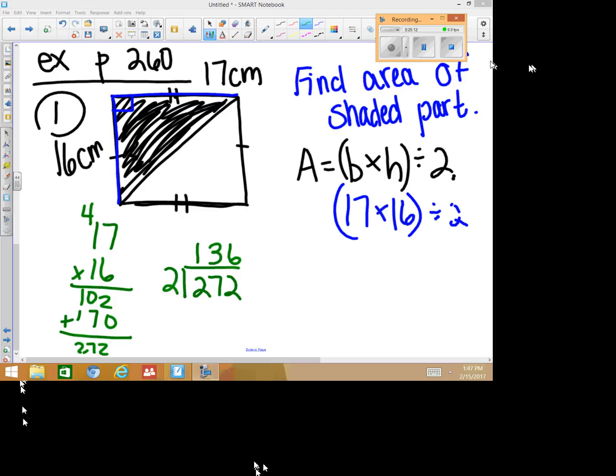I got 136. 17 times 16 is 272. I got 272, and then I divided it by 2, and I got 136. Yeah, you still shouldn't have got 800 and something.